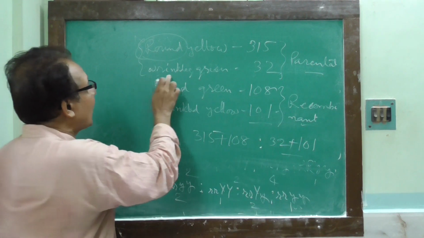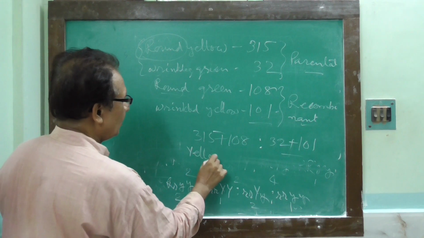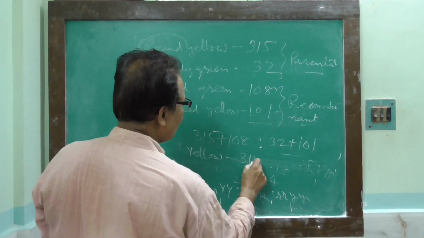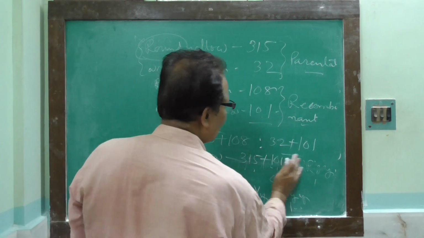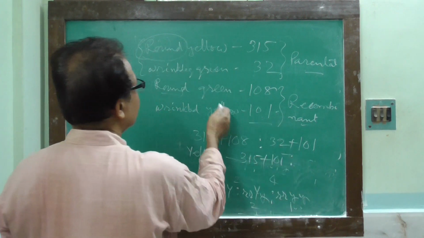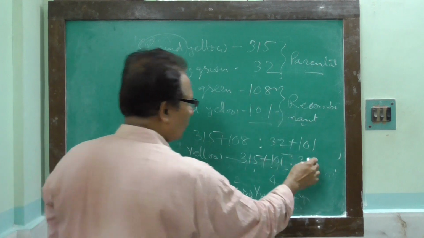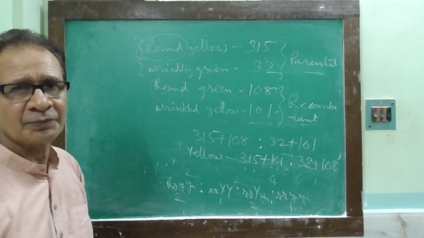Similarly, yellow 315 plus yellow 101 is to green 32 plus green 108, 3:1.